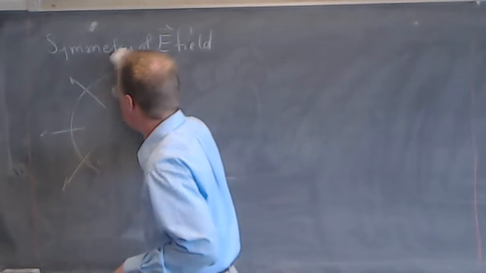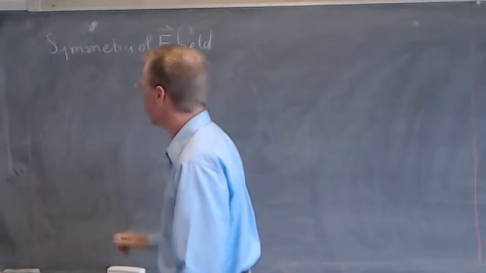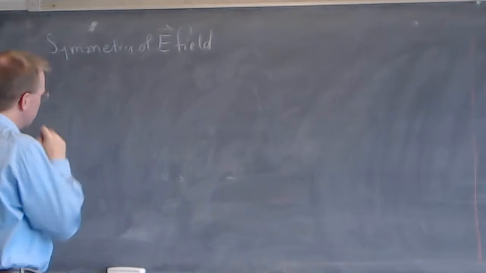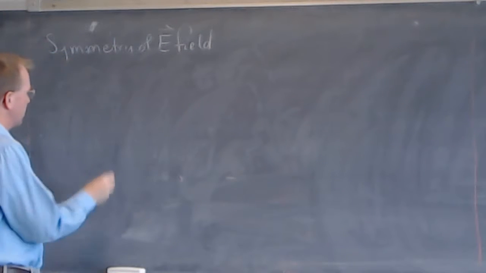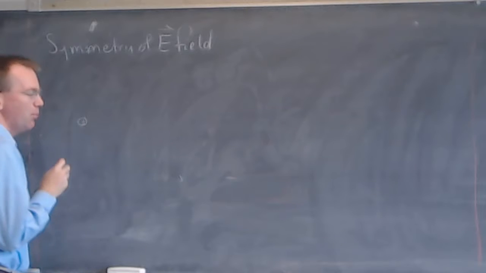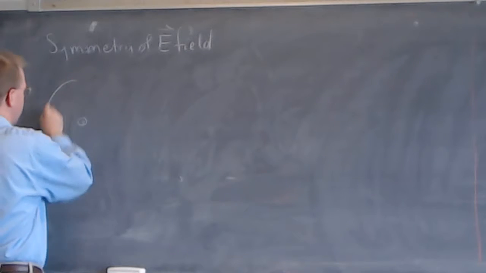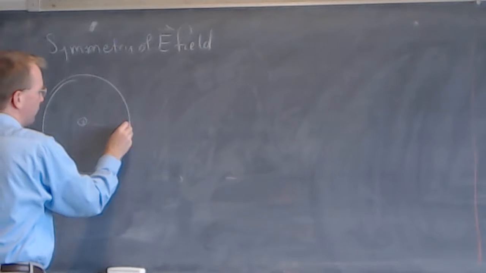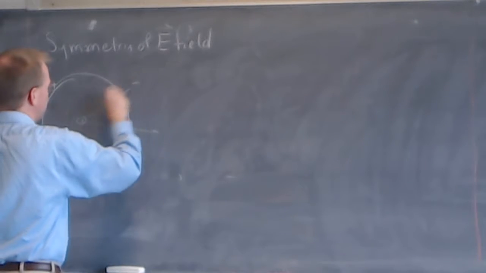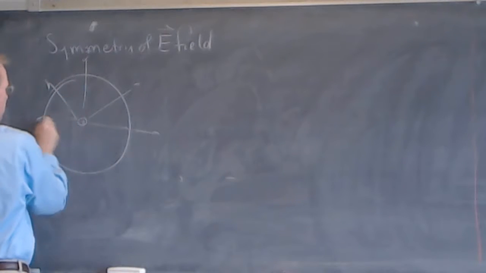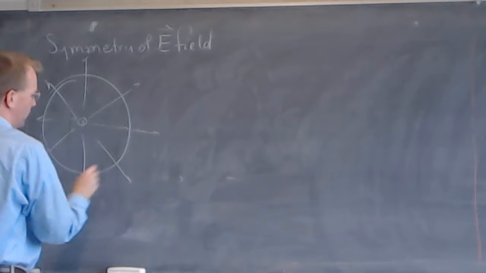If you have a point of charge, those field lines are going out like this here. Okay.